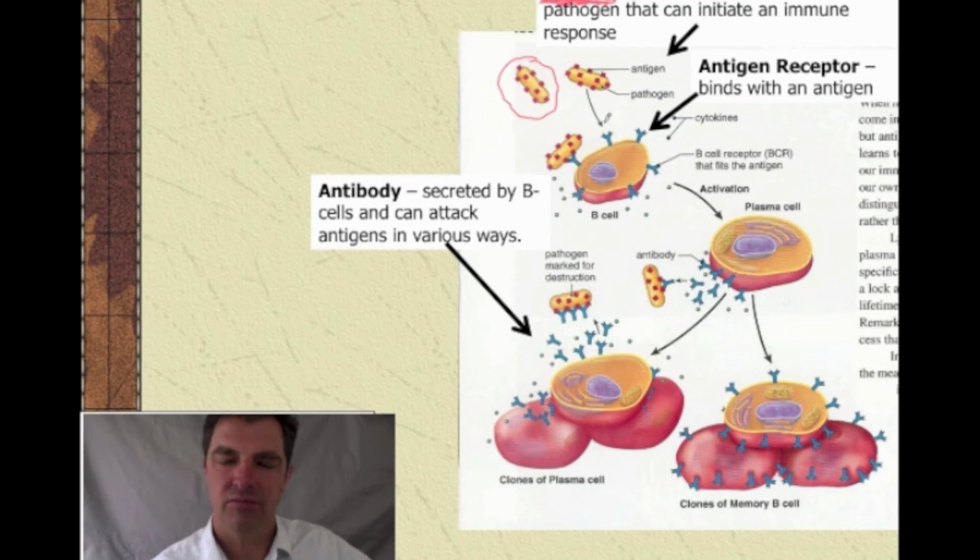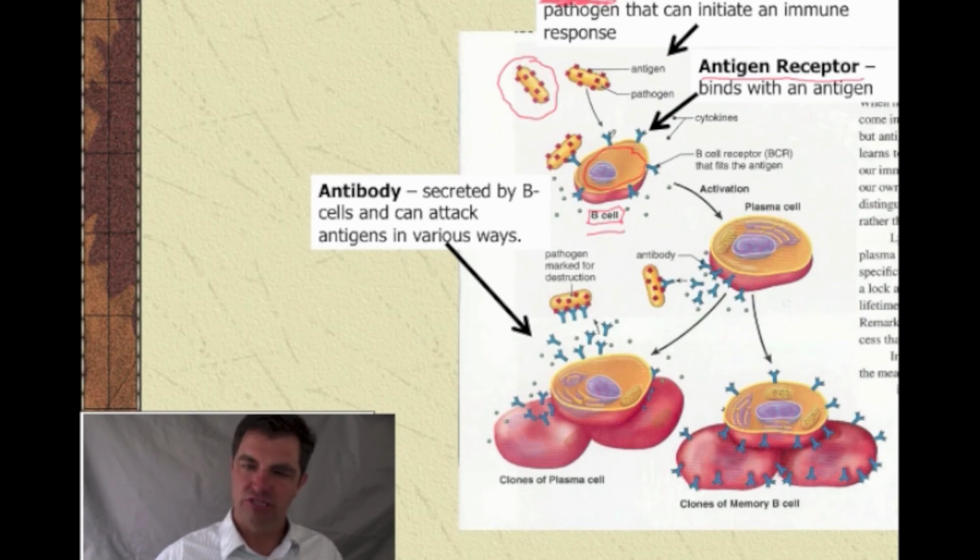So an antigen is a chemical found on a pathogen that can start your immune system in some sort of response. So an antigen is on the invader, and it has to bind to an antigen receptor of some sort. The antigen receptor is on your cells. So in this case, I'll talk about this in a little bit, but in this case we have a special kind of white blood cell called a B cell. The antigen binds to the antigen receptor, and it can initiate a response.